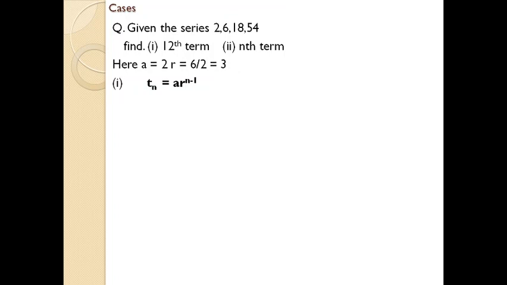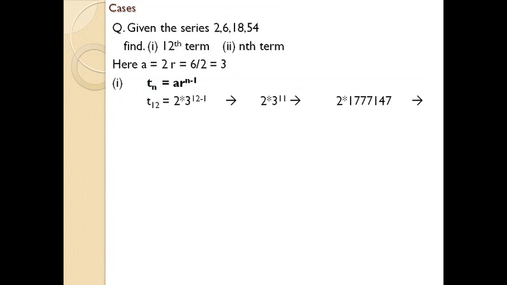We know the value of A, and R is also identified, that is 2 into 3 raised to 12 minus 1. It gives 2 into 3 superscript 11, and 3 superscript 11 is the bigger number. See, in geometric progression, sometimes you need to find the multiplication of a number with its power value. Here it is given 3 superscript 11, that means you need to multiply the value 3 eleven times.